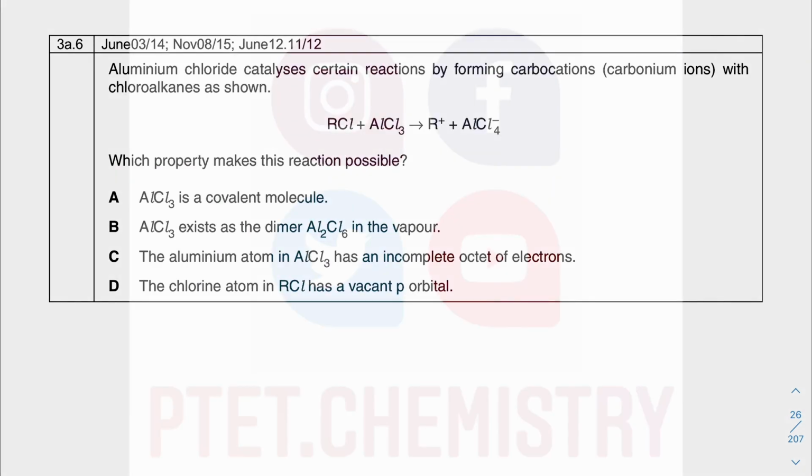So moving on from the previous video on chemical structure and bonding topical MCQs, this is a question on aluminium chloride.